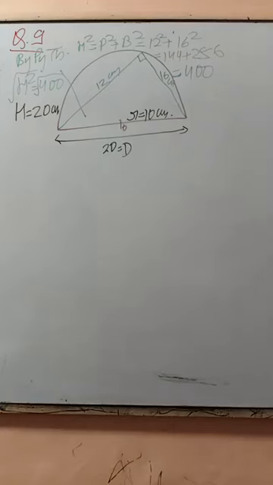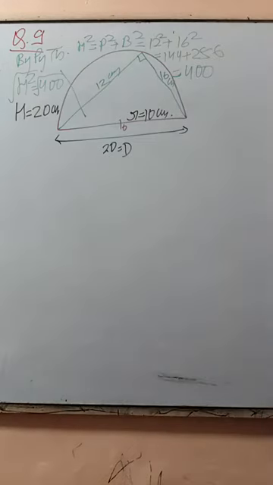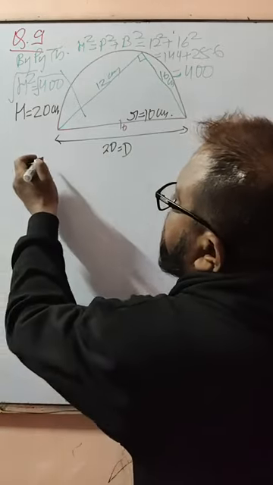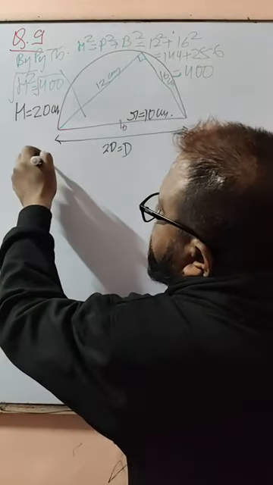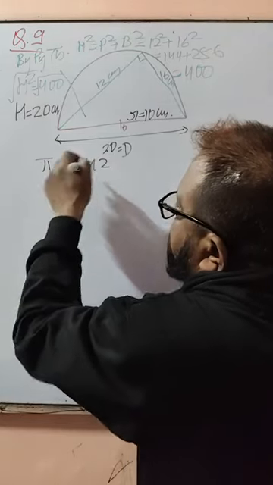So what do you have to find? Area of the shaded region. Pi is 3.142.